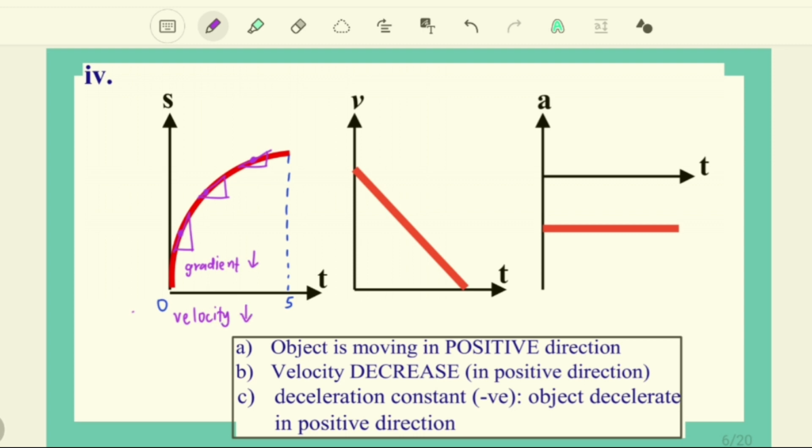Okay? And the graph from 0 to berapa ni ya? Kita letak lagi 6 meter. It's still moving in positive direction from 0 to 6 meter. But the velocity is decreasing. Okay, velocity decrease in positive direction. Okay, so we need to calculate what is the value of the velocity.